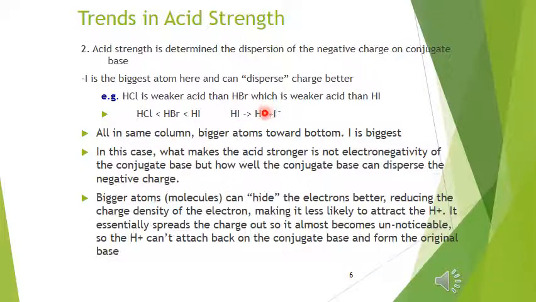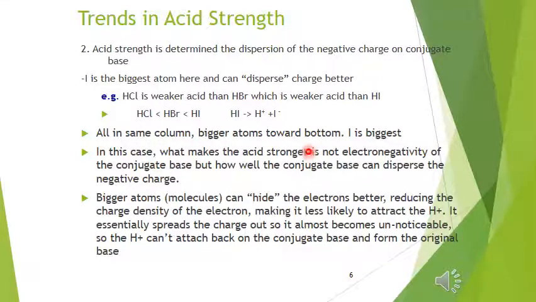So I minus is a conjugate base, right? And that I minus is very stable for two reasons, but the biggest reason is that the atom is so big it can hide that electron. So if the H plus comes in and starts looking for the electron on that I minus, it can't find it because it's spread out all over the place.